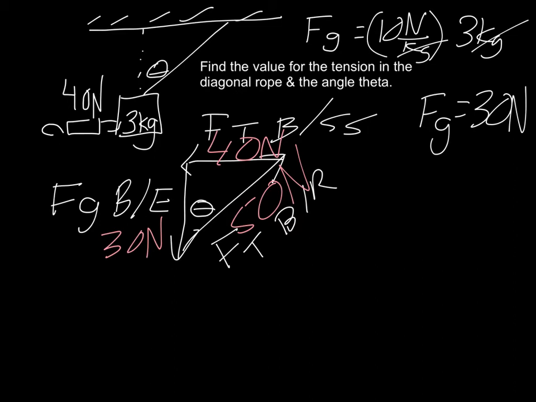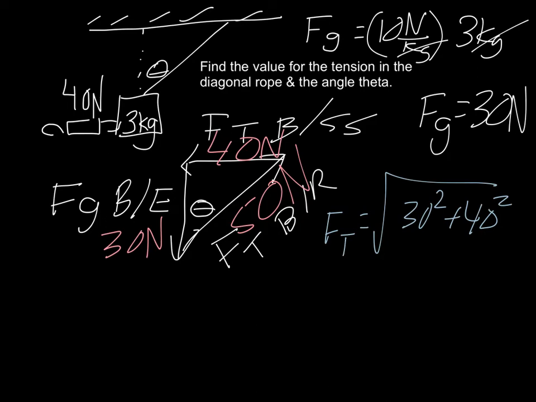If I do F tension equals the square root of 30 squared plus 40 squared, and I calculate that out, that's 900 plus 1600.